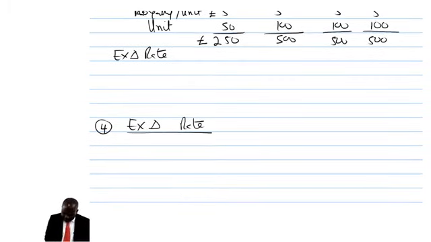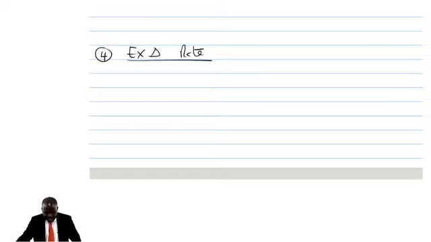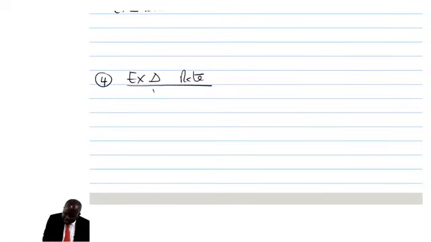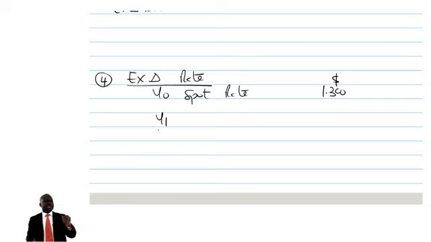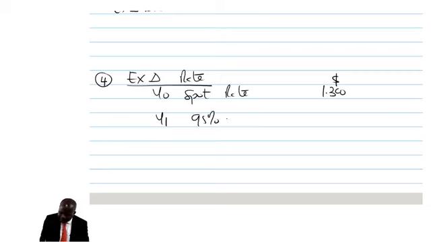So I will say here that I need my exchange rate. Year 0, they've given me the spot rate, and the spot rate they said is $1.3. And year 1, what are we going to have? The dollar is appreciating by 5%. So 5% from 100 will be 95% multiplied by the 1.30.